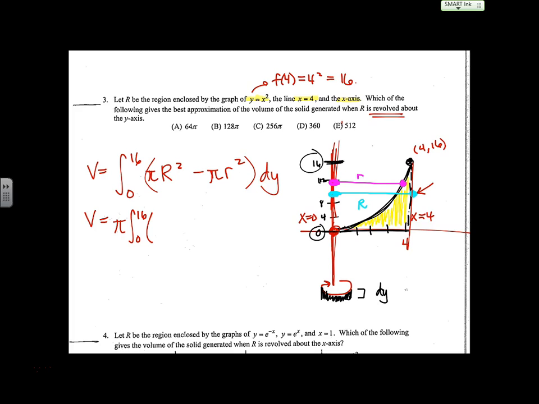This is where it gets a little confusing, and some of you might have gotten confused right around here last night. So x equals 0 is that boundary, x equals 4 is the other boundary. So I have 4 minus 0 quantity squared minus, now it's time for little r.